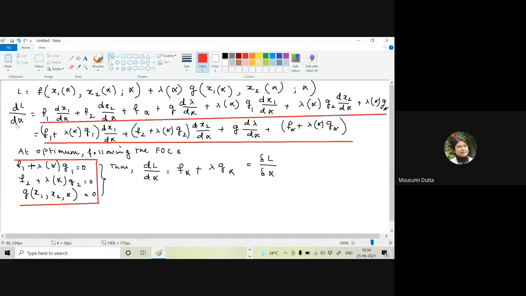So dL by d alpha is equal to f alpha plus lambda g alpha. Okay. So finally what we are getting, dL by d alpha is nothing but f alpha plus lambda g alpha, which is equivalent to del L by del alpha, because it is del f by del alpha plus lambda del g by del alpha, that we are getting.